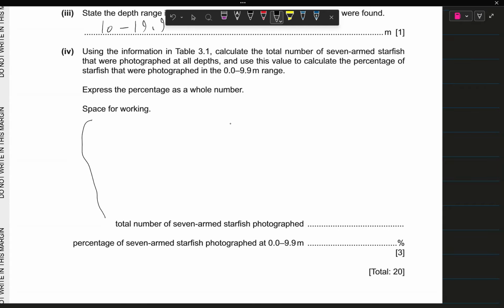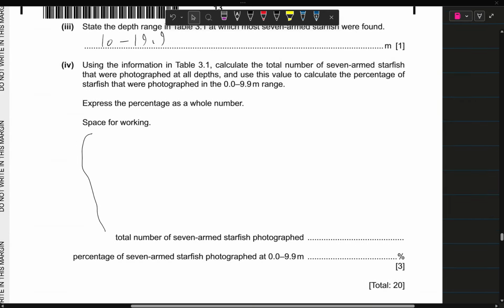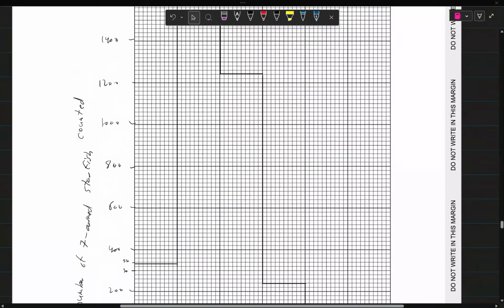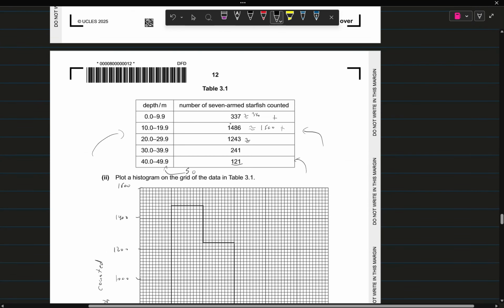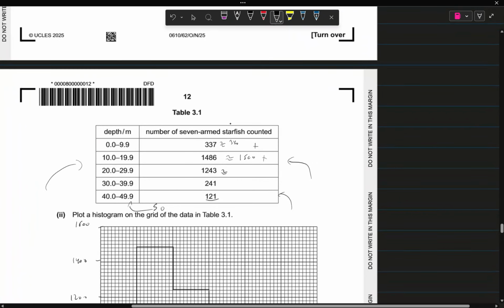So essentially you have to simply add them up. So you have 337 plus 1486 plus 1243 plus 241 plus 121.